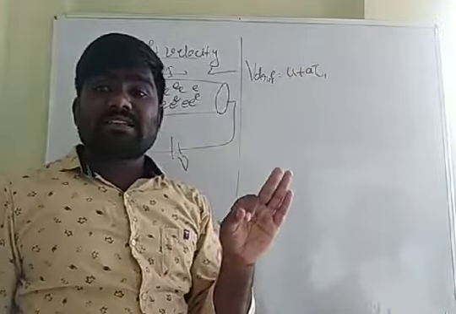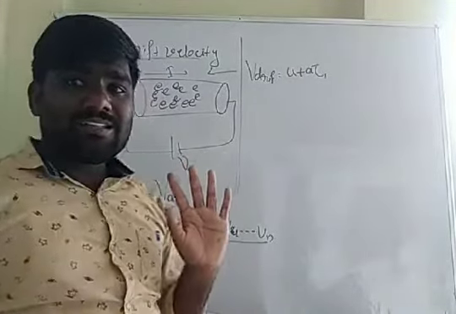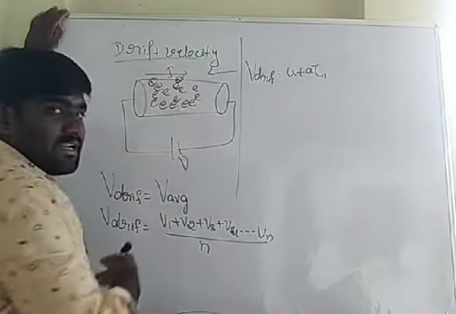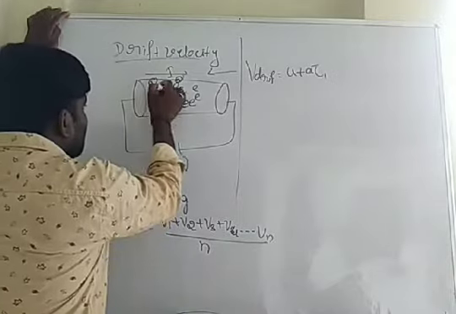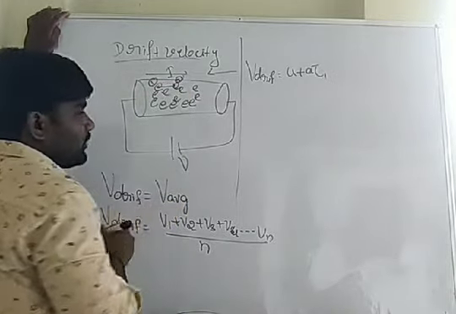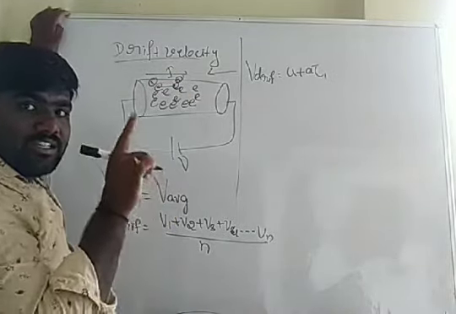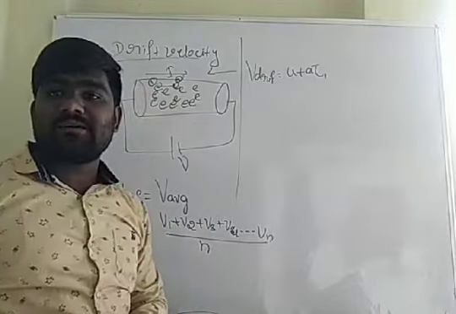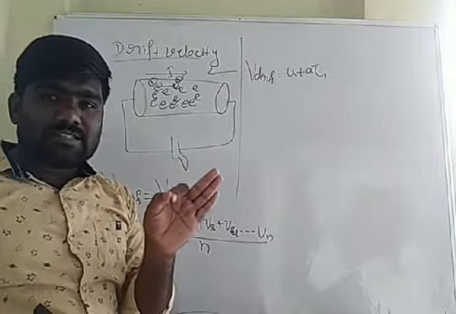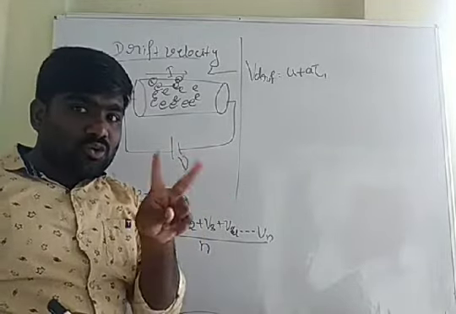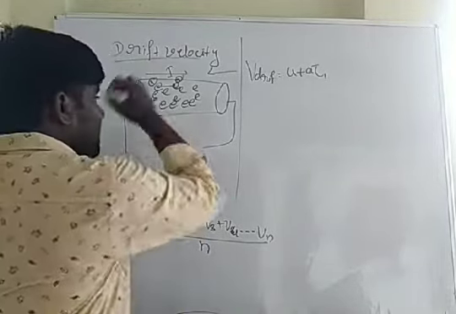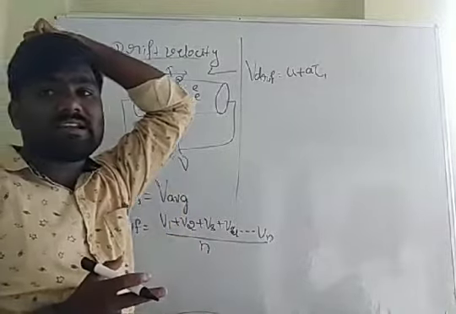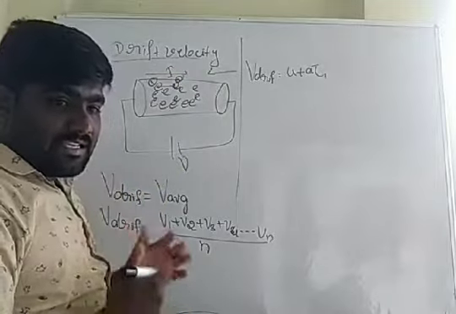What is relaxation time? Here it is your first electron, and this is your second electron. The time taken for this electron to collide with the other electron is called the relaxation time, or the time between successive collisions, the average time.